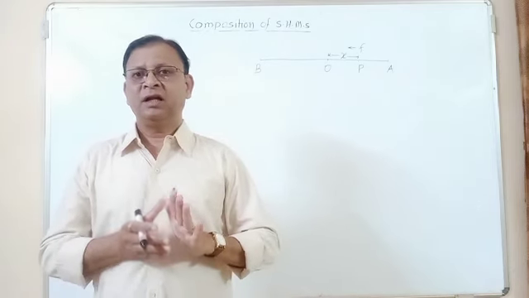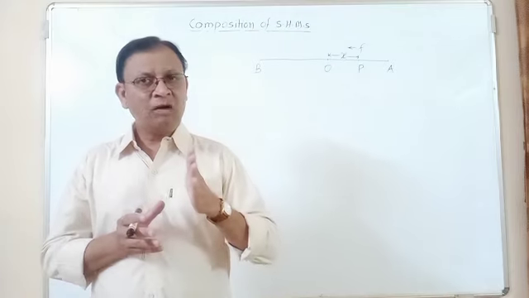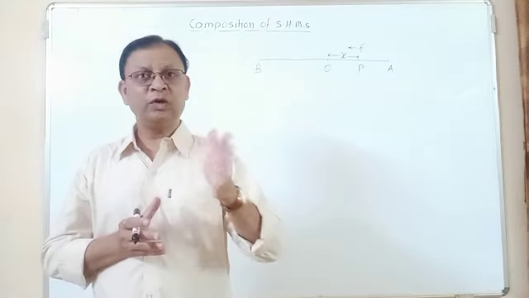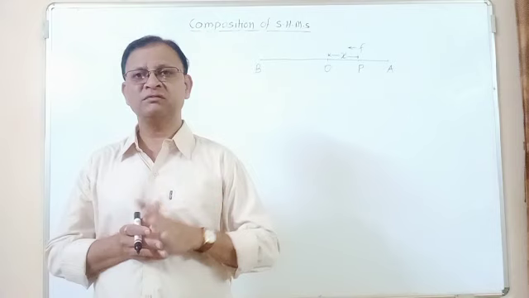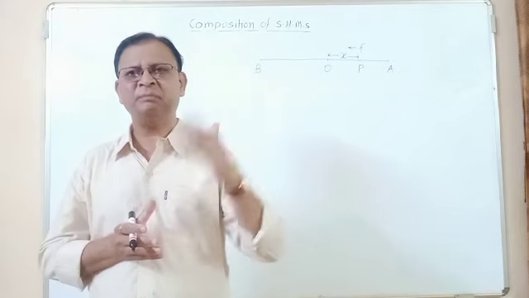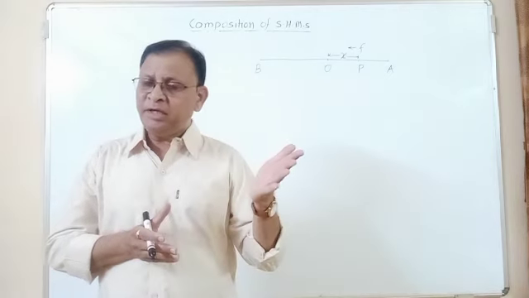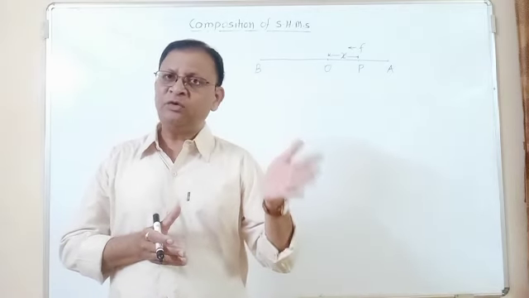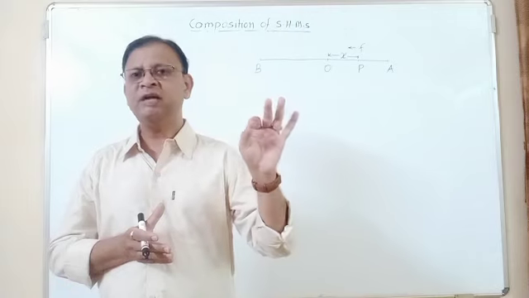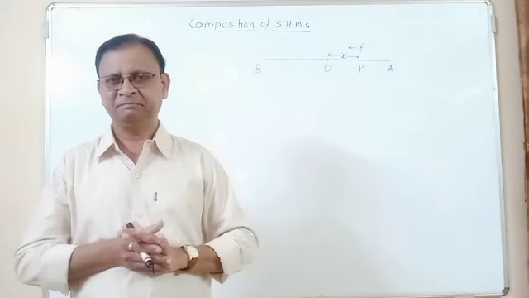Okay, now what happens? One or more waves, two waves or three waves or four waves, number of waves are simultaneously passing through the medium. Then there is a possibility that these waves can arrive at a single point simultaneously.